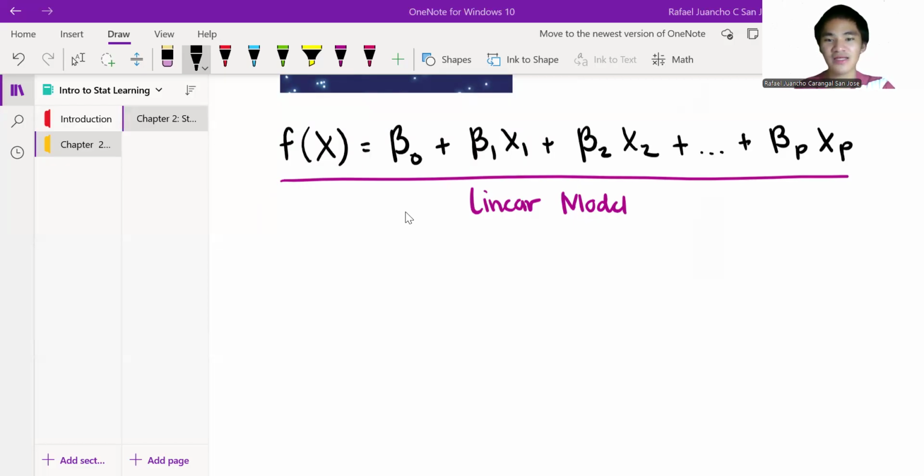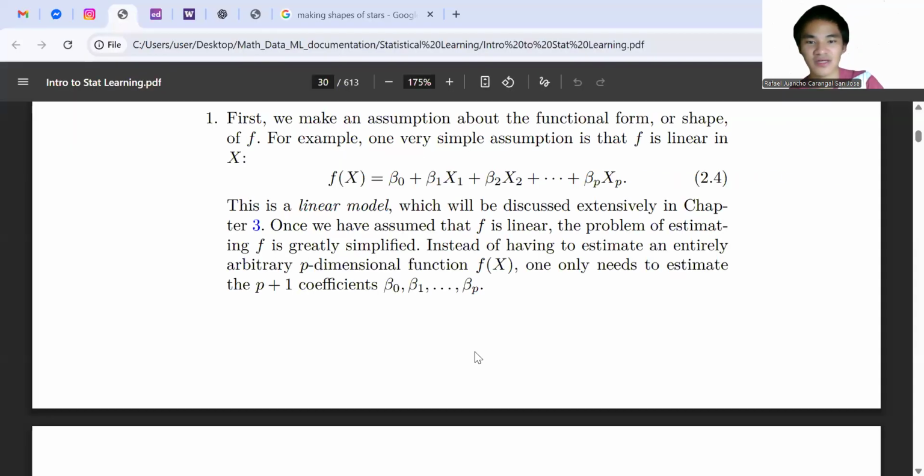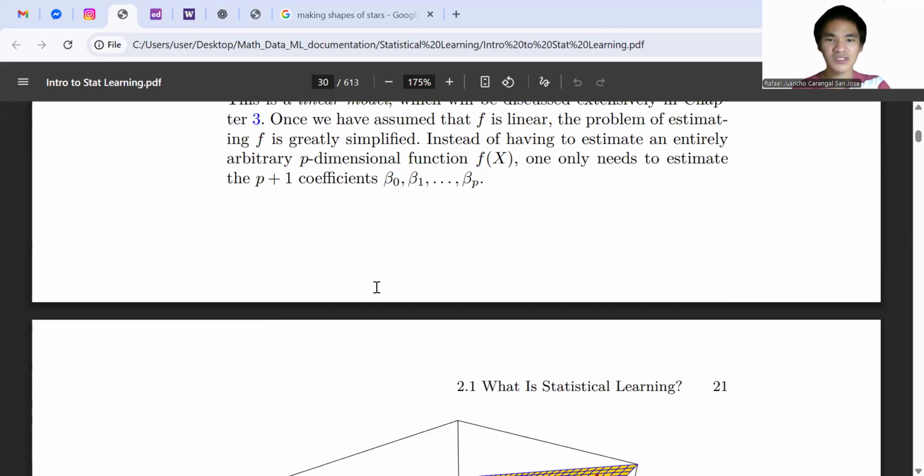So the idea is that instead of having, okay, actually, let me go back here. So instead of, here's what I'm reading. You guys might be wondering. Instead of having to estimate an entirely arbitrary p-dimensional function, one only needs to estimate the p plus 1 coefficients. Okay, this is a very mathy term. But what it's basically trying to say is that now we only have to estimate these numbers that we have.